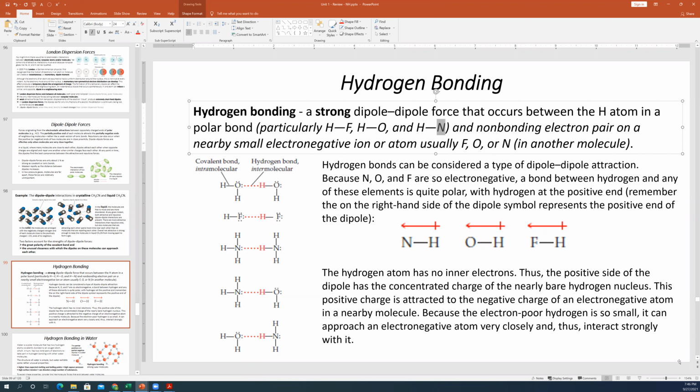And I just want to refresh your memory about electronegativity. Trying to see if I can pull this up. This is from your Nelson chemistry book.